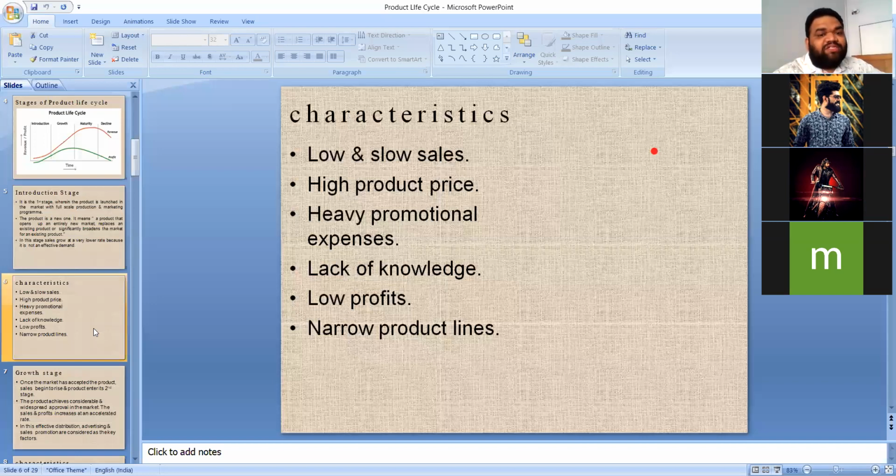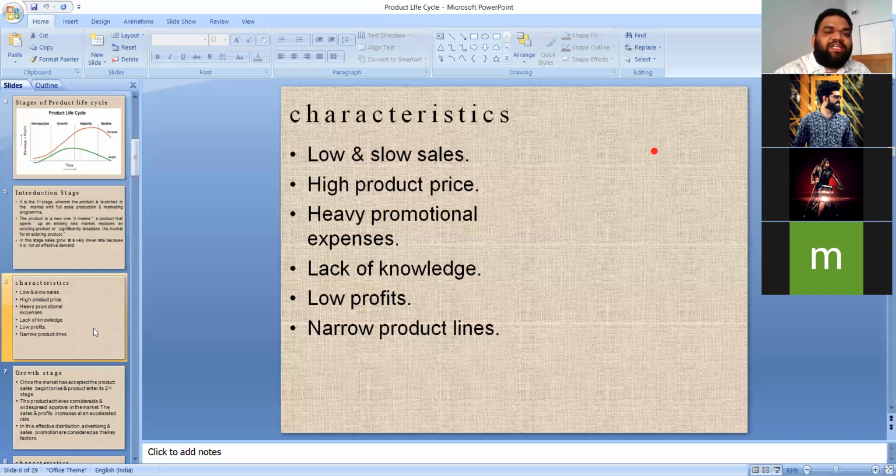Next one is heavy promotional expenses, 100%. This is a very important point at the introduction stage. We have very heavy promotional expenses. The next one is a lack of knowledge, which means customers are not aware of that product in the market.